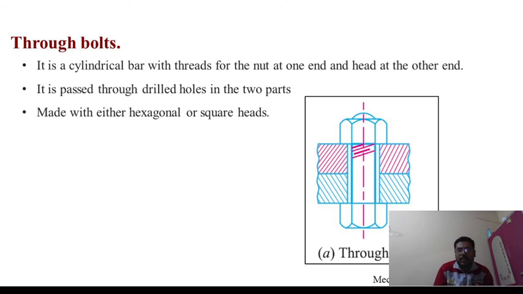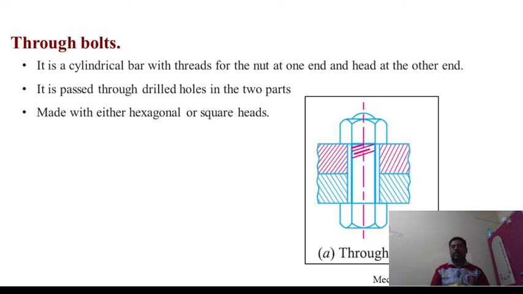So what is a through bolt? It is a cylindrical bar with threads for the nut at one end and a head at the other end. One end is the head and the other one is the nut. Next, it is passed through the drilled holes in the two parts.